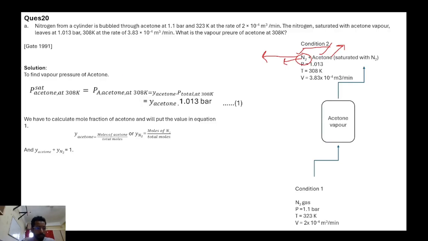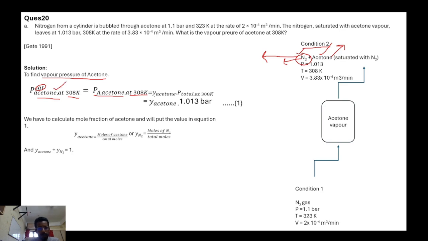So we have to find the vapor pressure of acetone. The vapor pressure is denoted by Psat, for acetone at 308 Kelvin. So the partial pressure of acetone at 308 Kelvin will be equal to the vapor pressure of acetone.